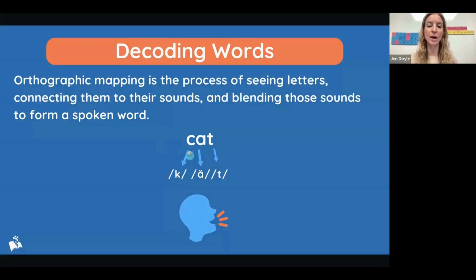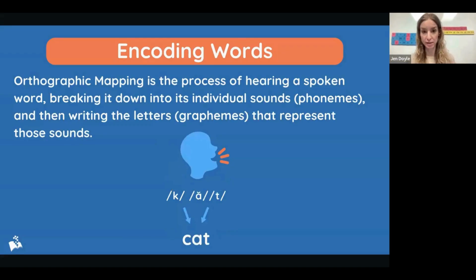Being able to really understand the sounds in that word, isolate them, manipulate them, and recognize them is going to build the decoding skills of a reader. And then we have encoding skills. Encoding is the process of hearing that word and then breaking it into the sounds and writing the letters that represent it.